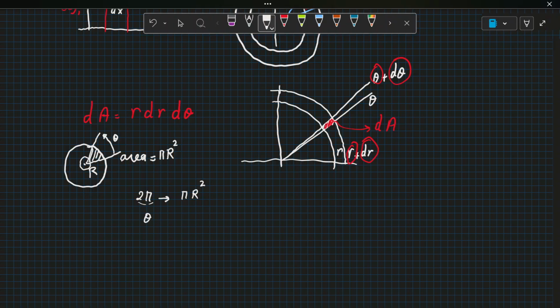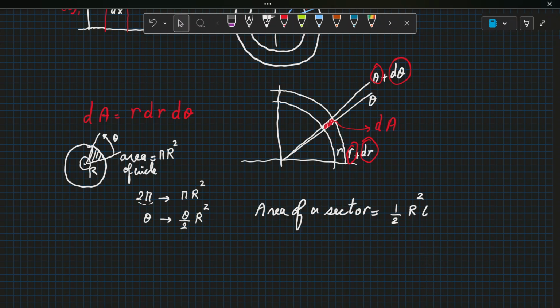So if my angle is theta, what would be the area of that? It's going to be, of course, theta over 2 pi multiplied by pi r squared. So this was the area of the entire circle, but now the area of a sector is going to be 1/2 r squared times theta.